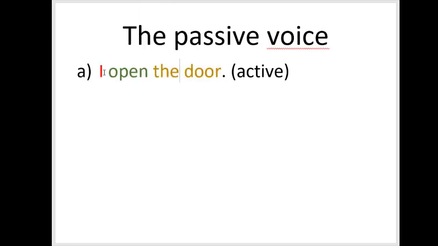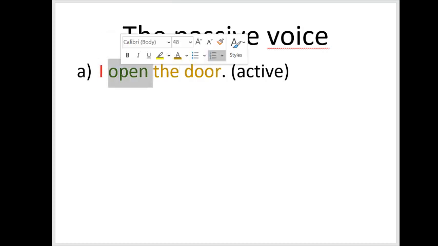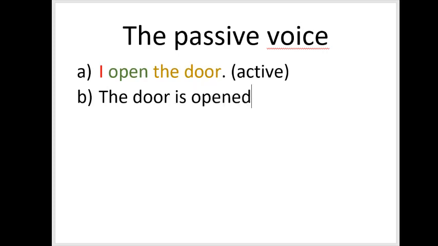The subject, then the verb, then the object. Okay, this is the active form. Now let's look at another example. If we see, for example, the door is opened.